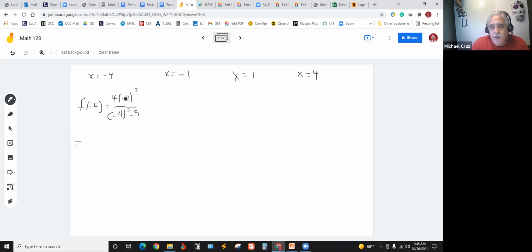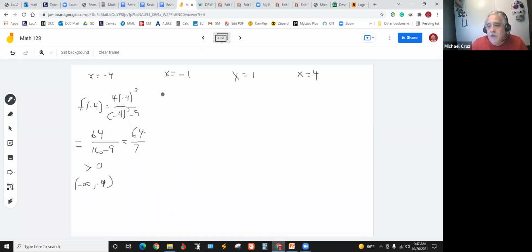So that's going to be -4 squared is 16. 4 times 16 is 64. Down here it's 16 minus 9, which is 7, so 64 over 7, right? Since that's positive, greater than 0, this is the one we want to remember.